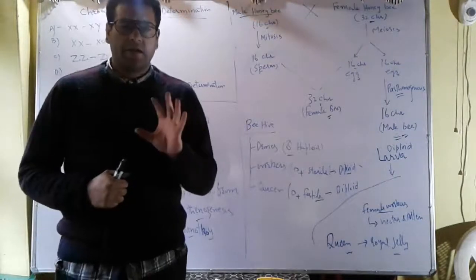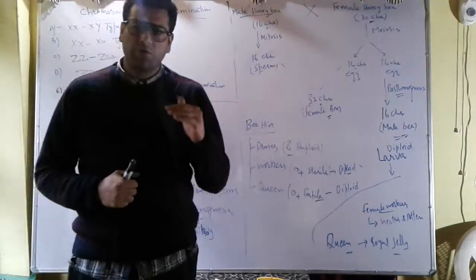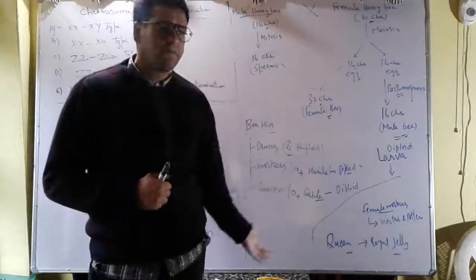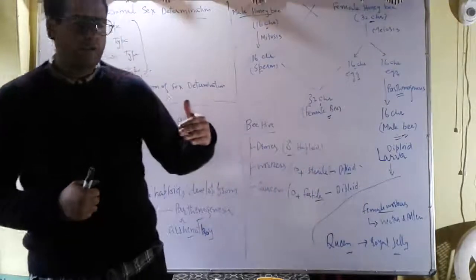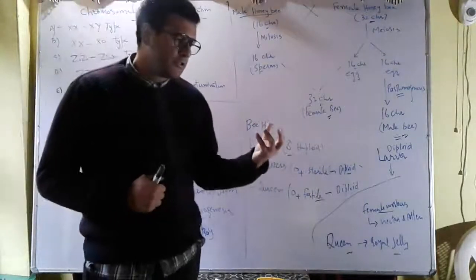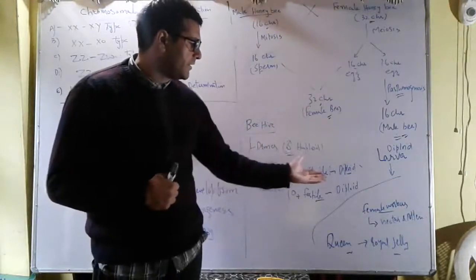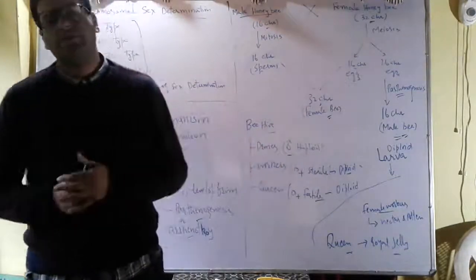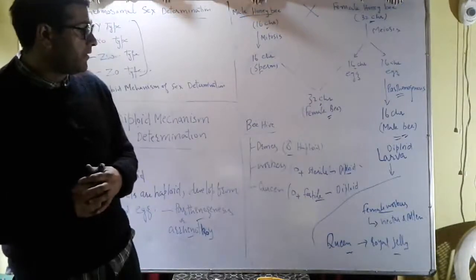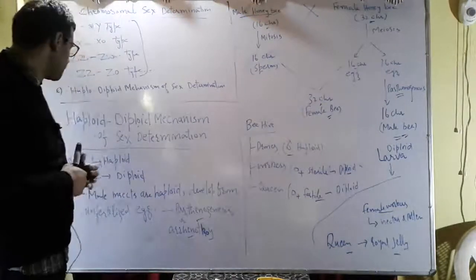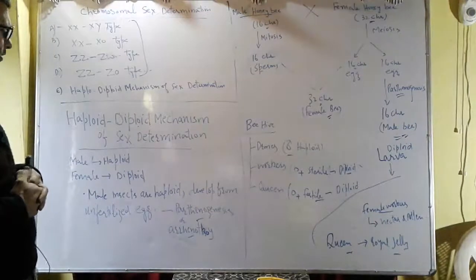If the nutrients are good, royal jelly, then the female will form the queen. Or if this diploid larva gets nectar and pollens, then it will form the female workers. So this was regarding the haploid diploid mechanism of sex determination.